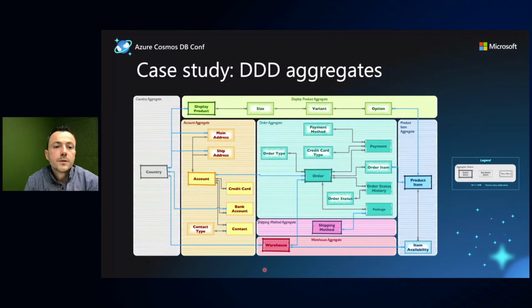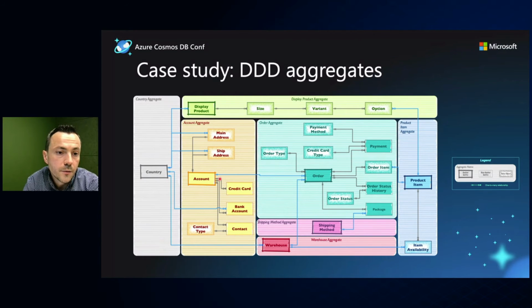Let's review how, for our case study, we can split our entities between a set of different aggregates. You can see on this diagram the whole subject area split into a set of different aggregates, and here you can see each aggregate. For example, the account aggregate has its own root entity, a list of non-root entities, and these dashed boxes represent the value objects.